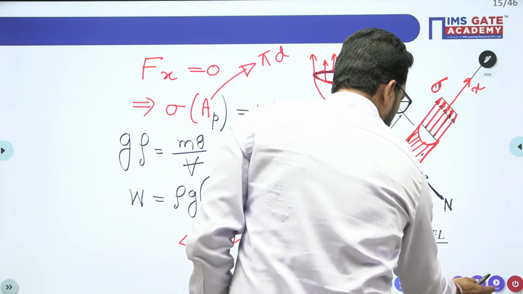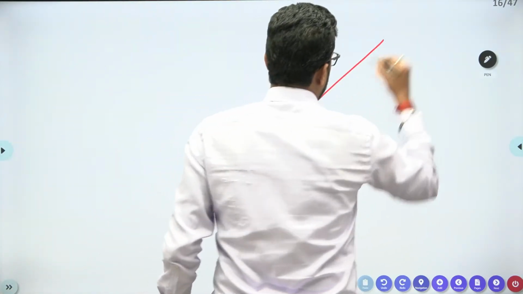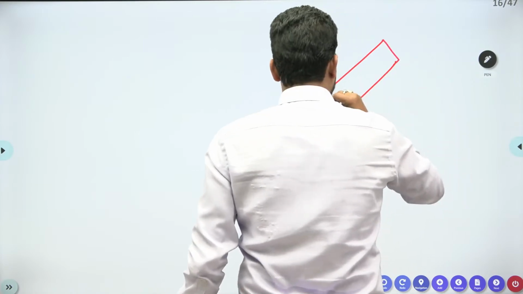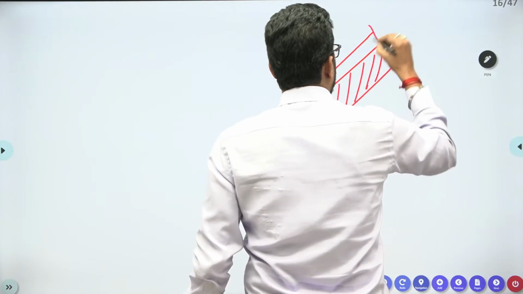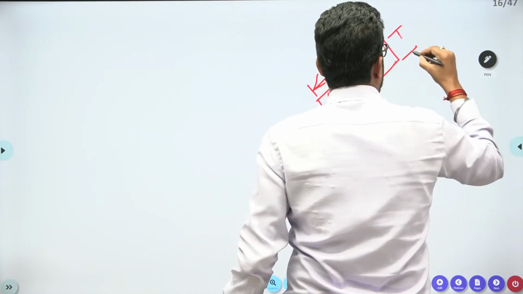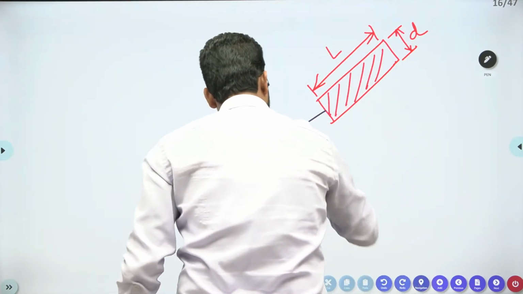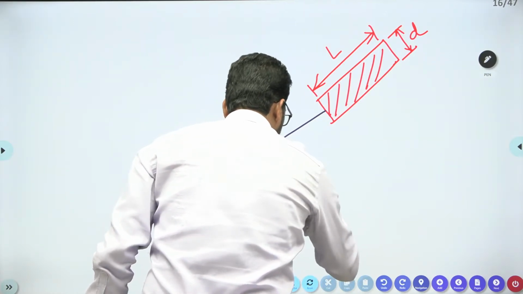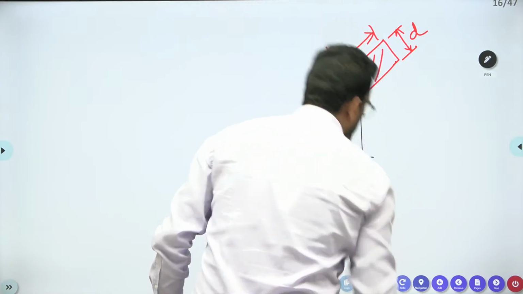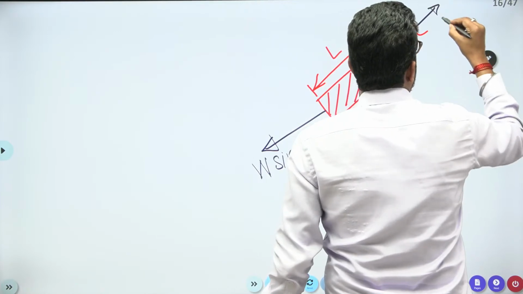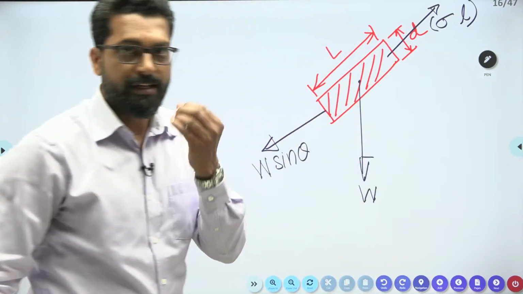If this is your tube with length L and diameter D, in this direction there is a component W sine theta, where W is the weight, and there is a surface tension force sigma into L, since surface tension is a line force.